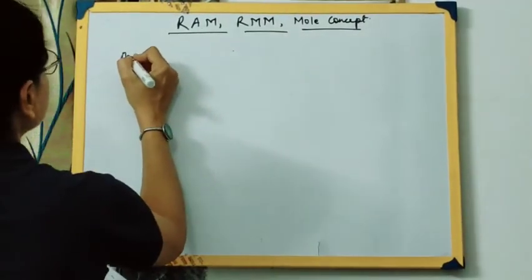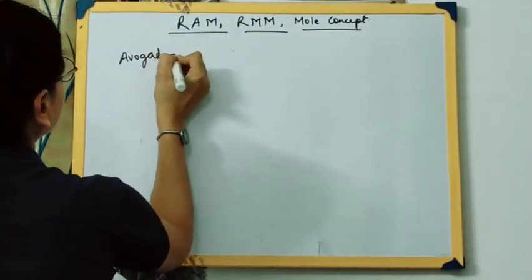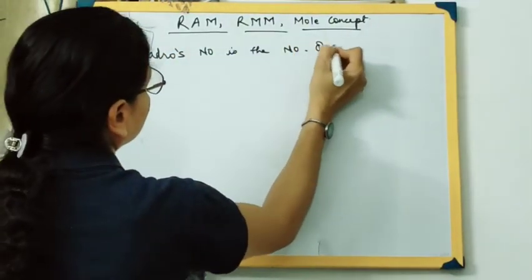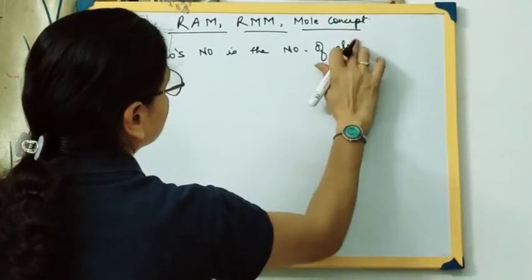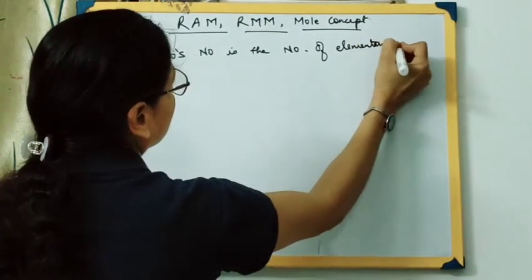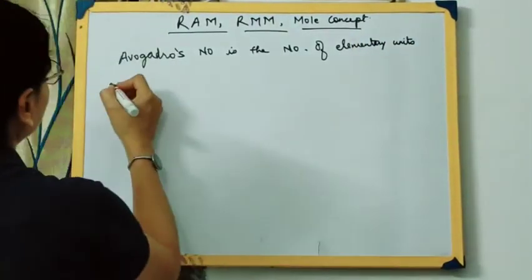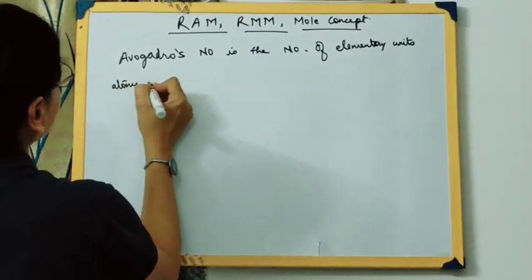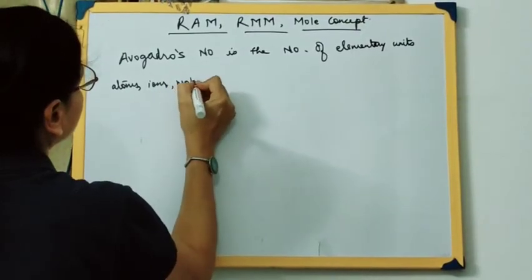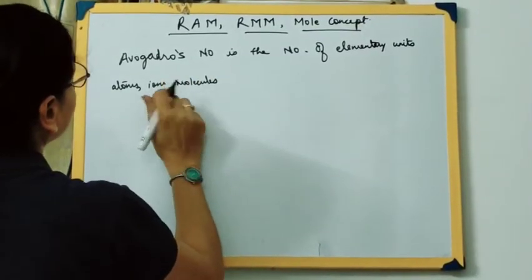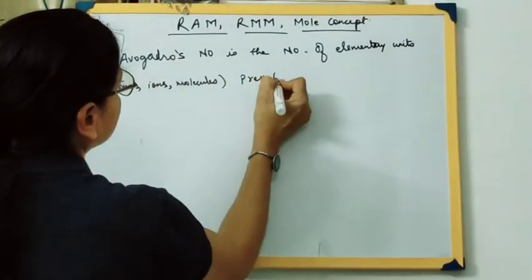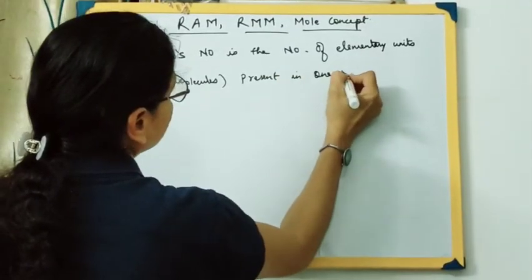So we say Avogadro's number is the number of elementary units, that is atoms, ions or molecules, present in 1 mole of a substance.